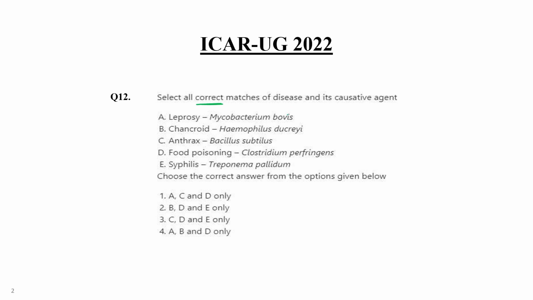Okay. So syphilis, what is the causative agent of syphilis? Yes, the causative agent is Treponema pallidum. Food poisoning, causative agent Clostridium species. Anthrax, Bacillus anthracis, not subtilis. So this one is not the correct answer.